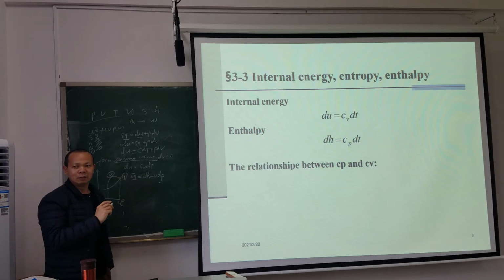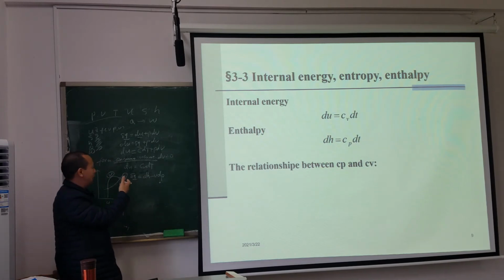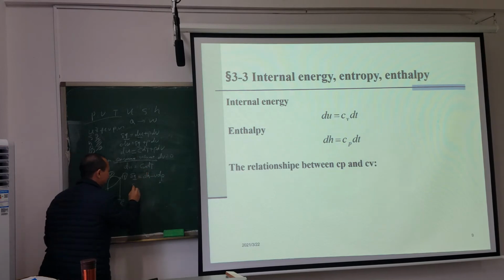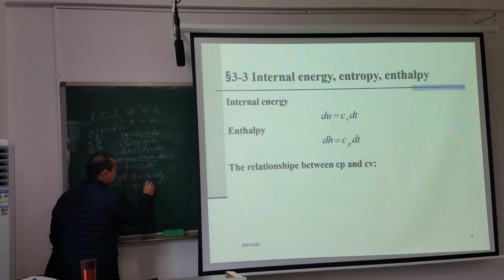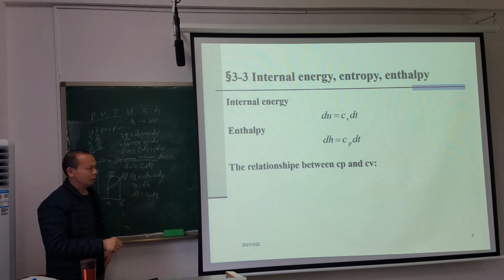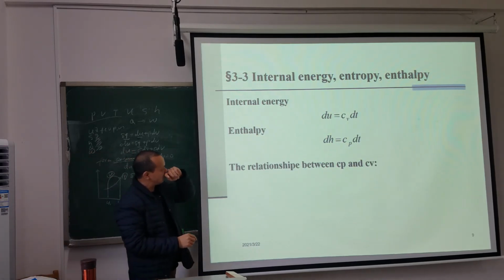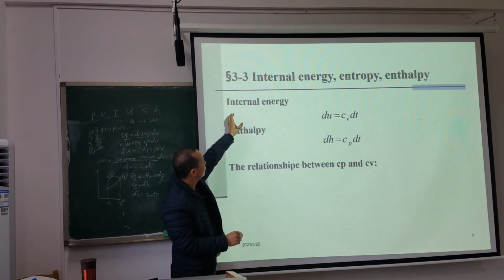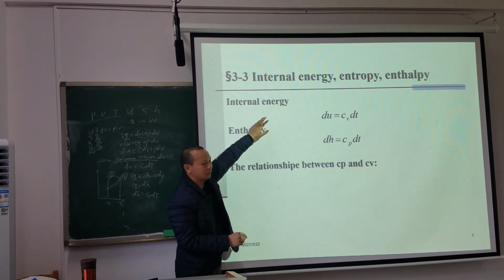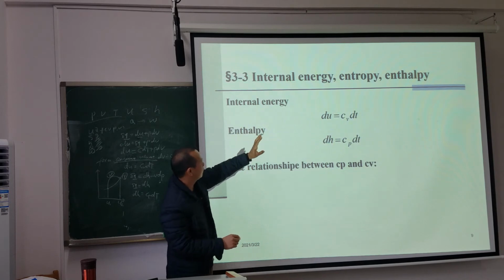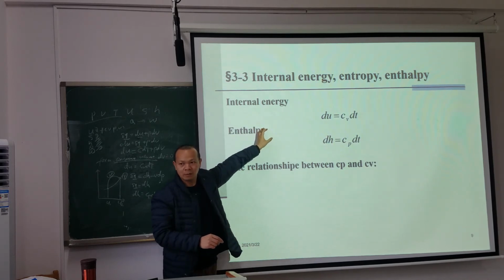We add a constant pressure, and then we get dQ is equal to dH, and dH is Cp dT. So remember it. Now we know how to calculate the internal energy, and also how to calculate the enthalpy.